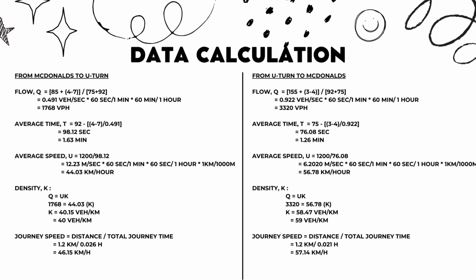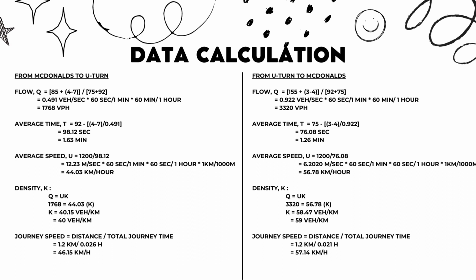This is our data calculation. On the left is from McDonald's to the U-turn, from point A to point B. From the calculation, we get the flow Q of 1,768 vehicles per hour, the average time is 1.63 minutes, and the average speed is about 44 km per hour.